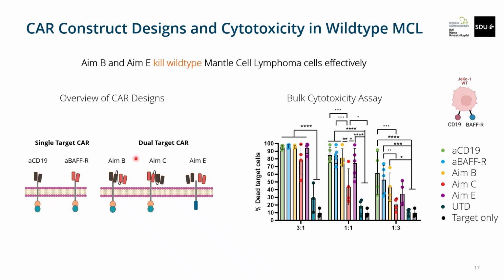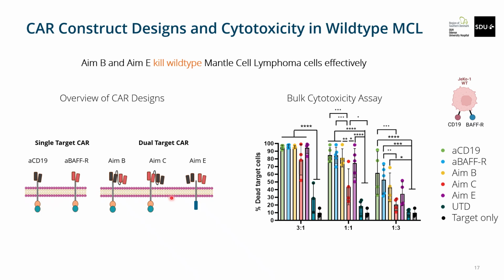And so they're also looking into the dual target CARs, where they're combining these two, and this can be done in different ways. As you can see on the drawing here, there's an aim B and an aim C, where there's a different orientation of these two recognizing units, and then there is an aim E, which I'm only showing the rough outline of.